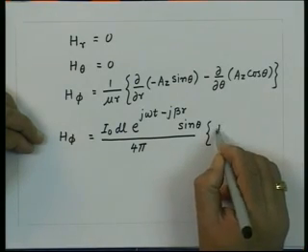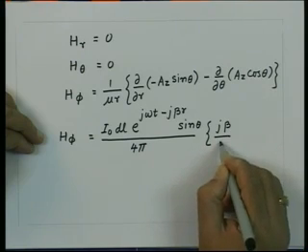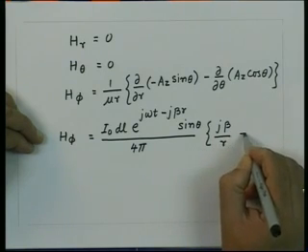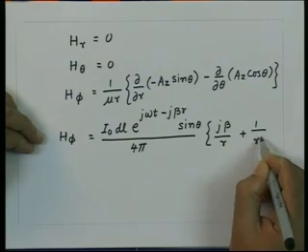This will become j beta upon r plus 1 upon r square.